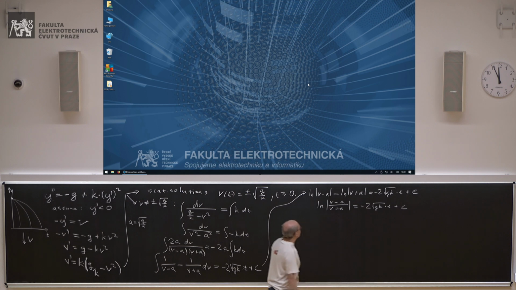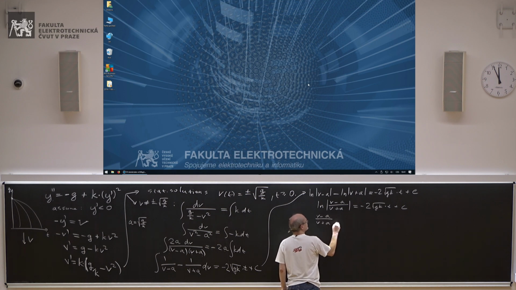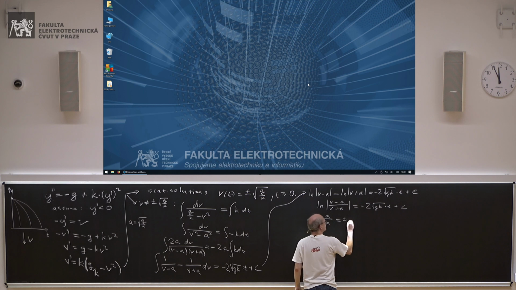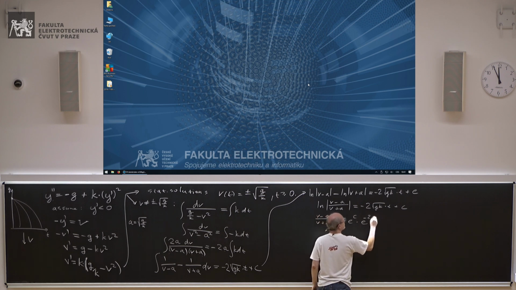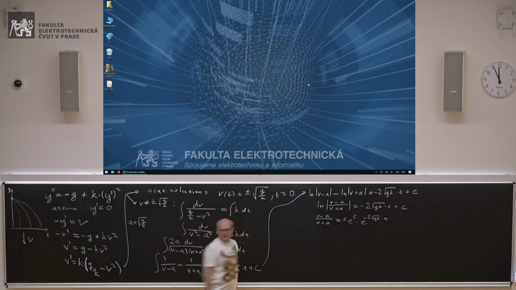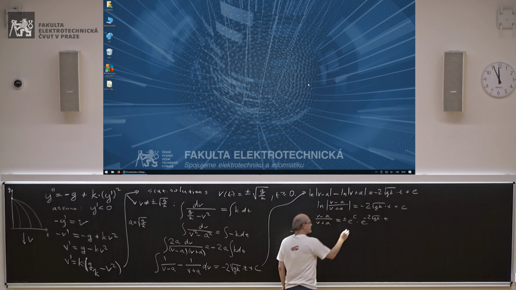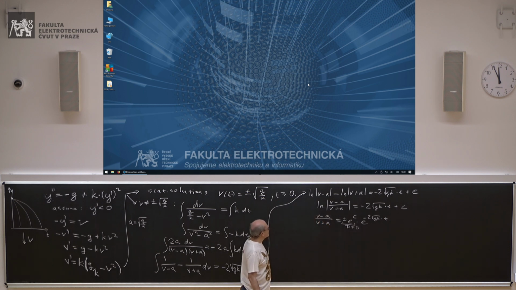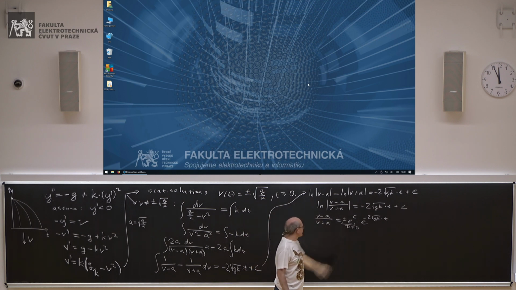So far so good. Now I apply exponential to each side and I do the plus minus trick. Plus minus trick, exponential and exponential. Okay. Now we will introduce constant d, which right at this moment should not be 0. And we have to isolate v from here. So I'm going to multiply out.